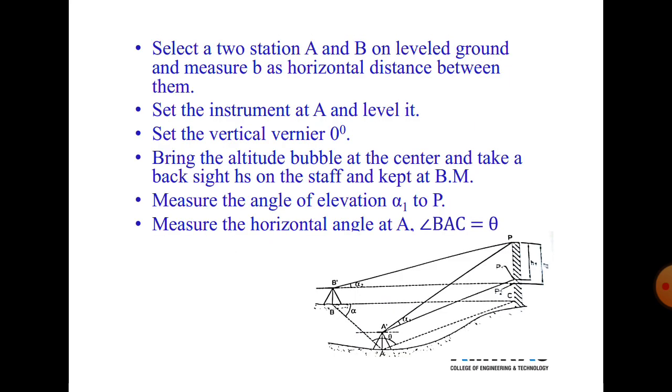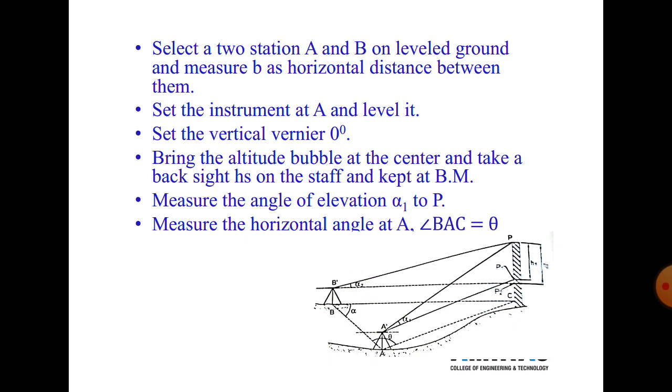Now, how to work with this method. First of all, select two instrument stations A and B on level ground and measure b, the horizontal distance between the two stations. So here this value is b, measured from instrument 1 to instrument 2 by measuring tape or chain.